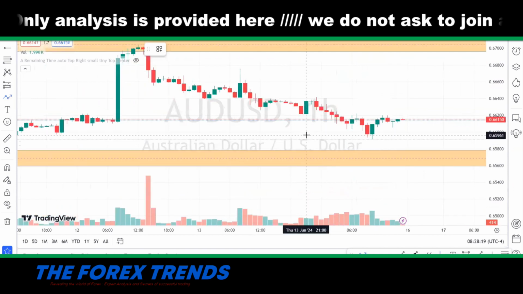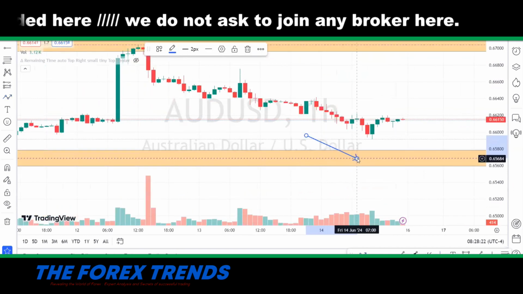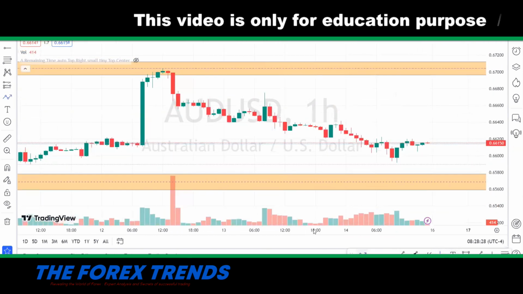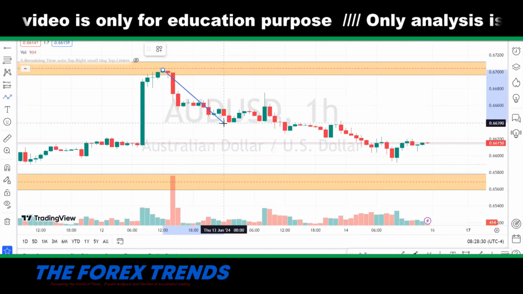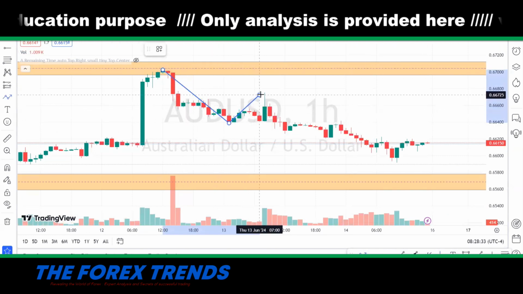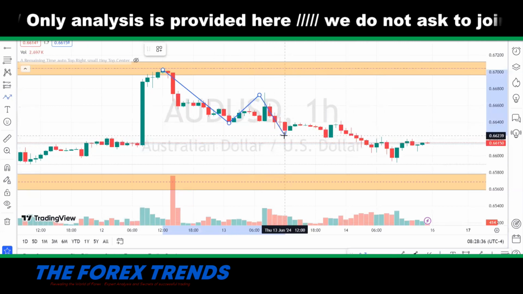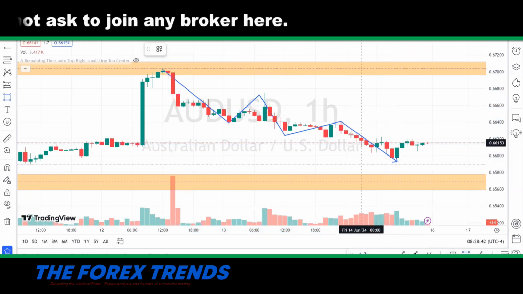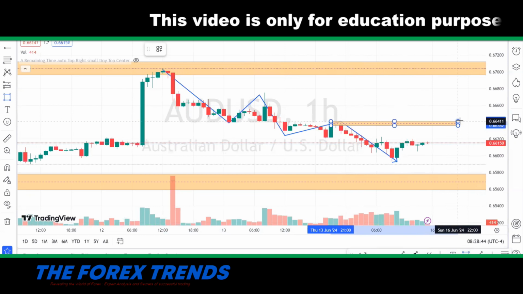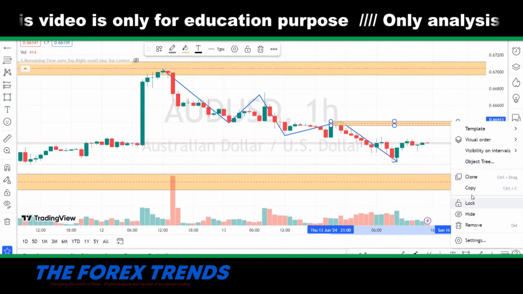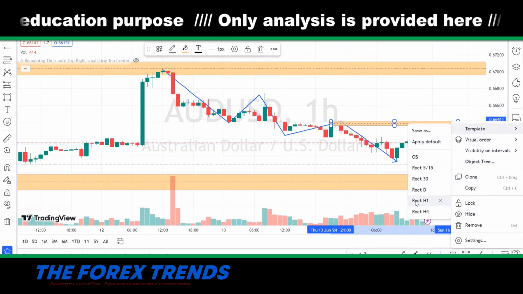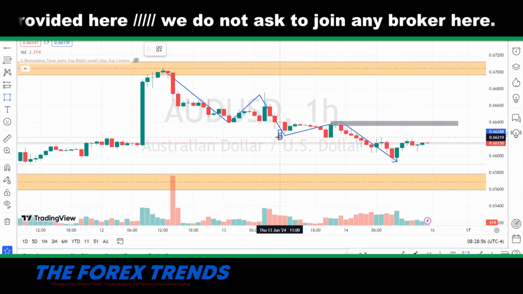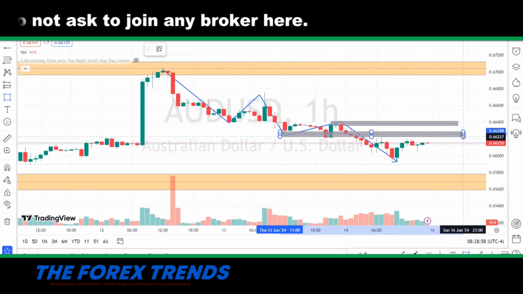Let's see in the 1-hour frame. If I mark the structure in the 1-hour frame, this is impulse correction, impulse correction, then impulse, and this is the lower high in the 1-hour frame, and this is a lower low in the 1-hour frame.